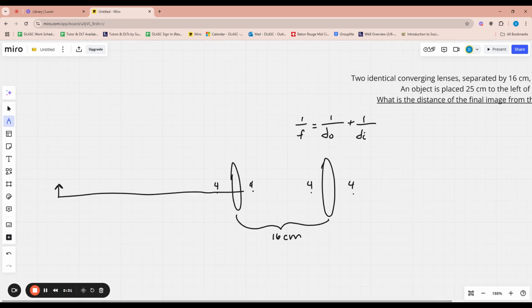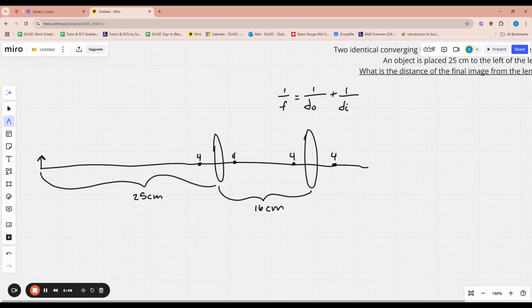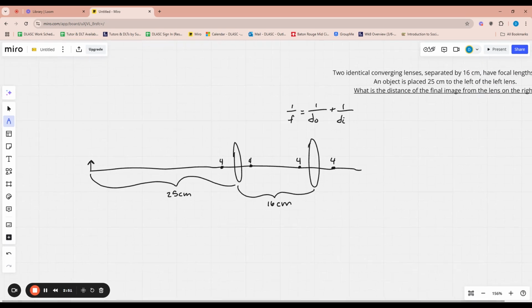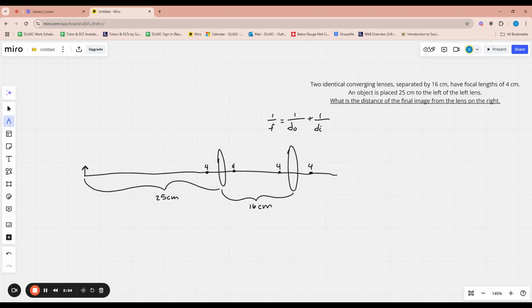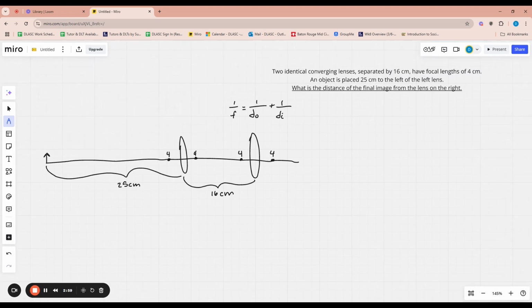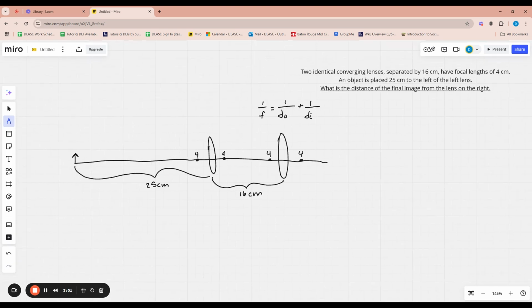Let's draw this line. And it's 25 centimeters. So it helps to define your variables or just organize all of the information that you're given from the get-go. So here we have two identical converging lenses separated by 16 centimeters, with focal lengths of 4.